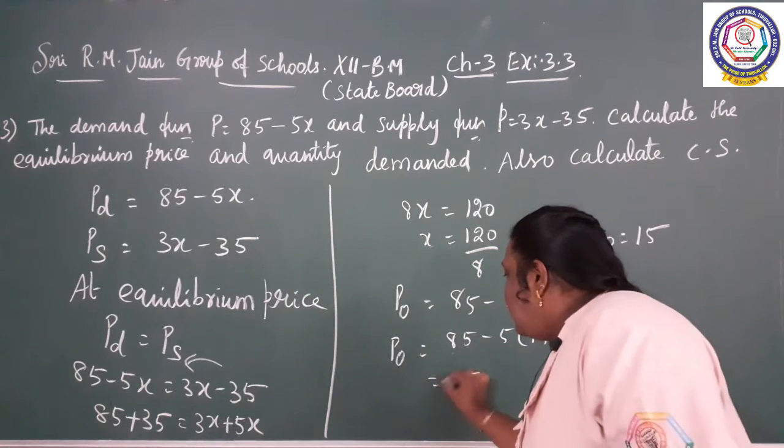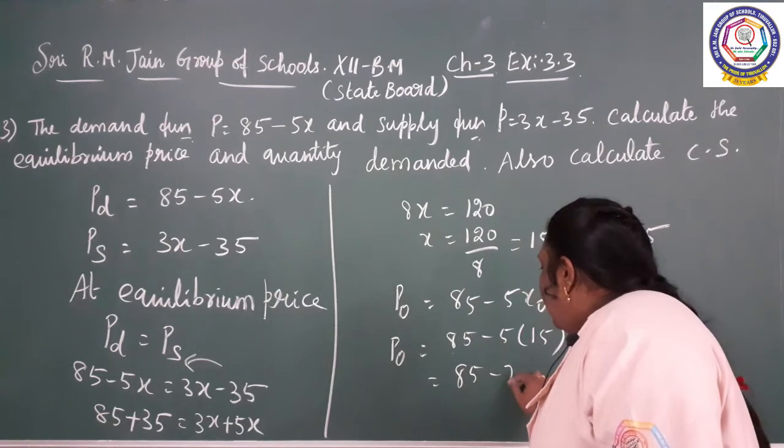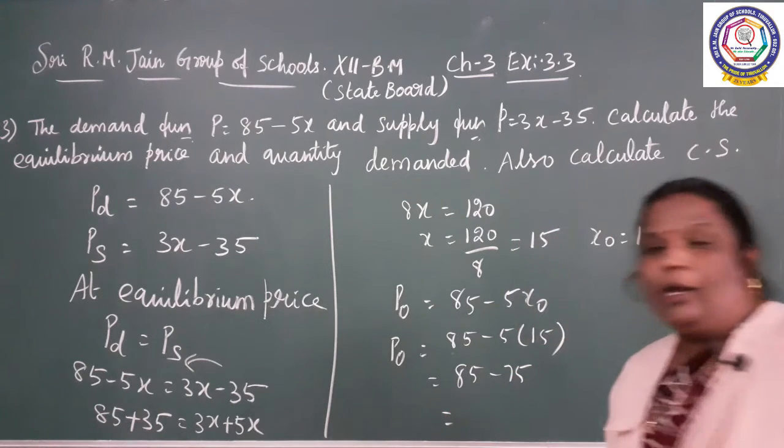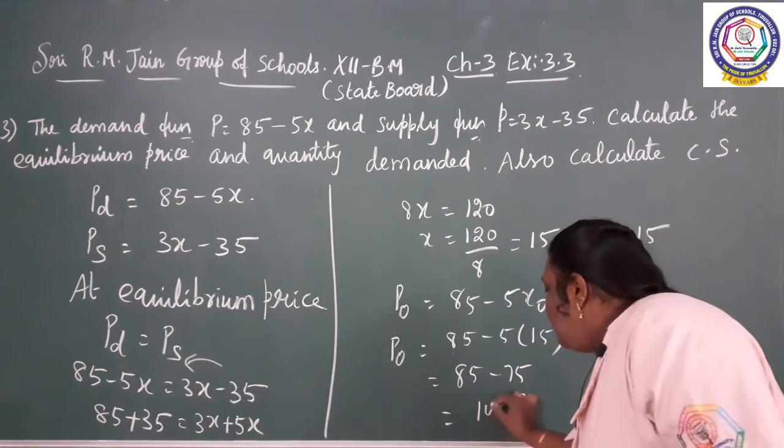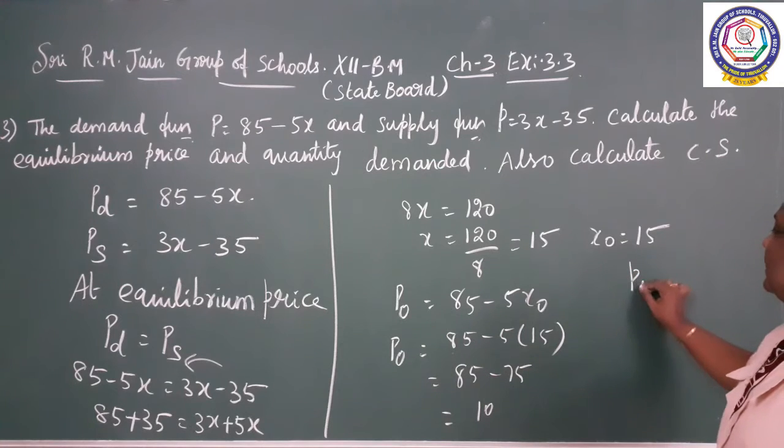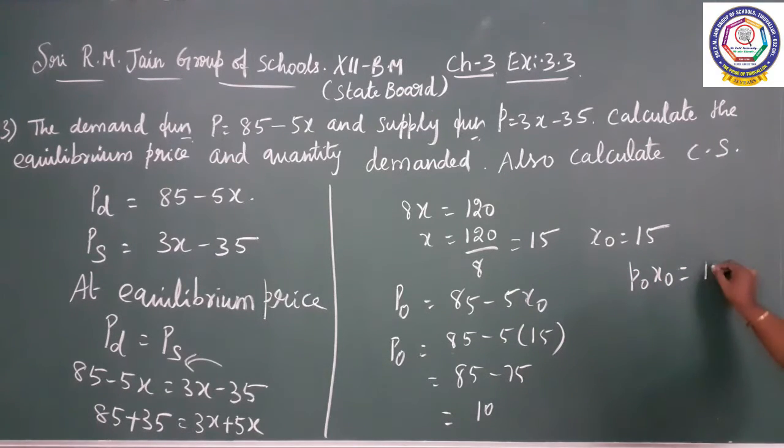So it gives 85 minus 75. What is the value for this? 10. So what is the value for P naught x naught? P naught x naught equal to 10 into 15. The value is equal to what? 150.